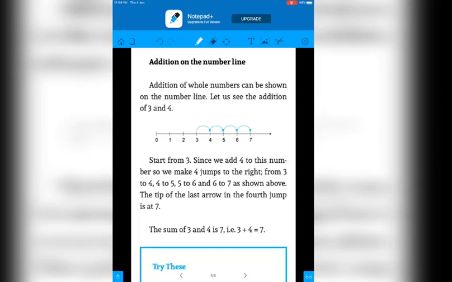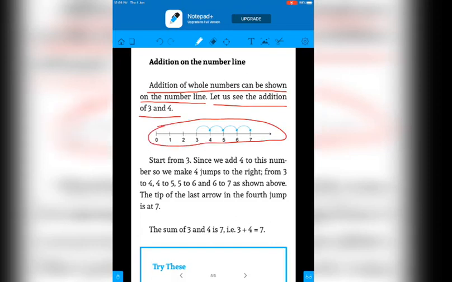Now we will study operations like addition on the number line. Addition of whole numbers can be shown on the number line. Let us see the addition of 3 and 4. First you need to draw the number line like this, starting from 0, 1, 2, 3, 4, 5, 6, 7, with the use of a scale. Now you have to add 3 and 4.